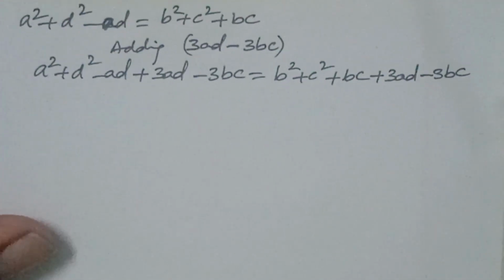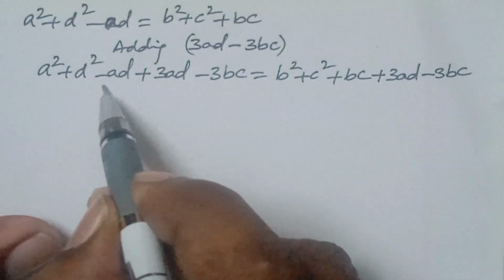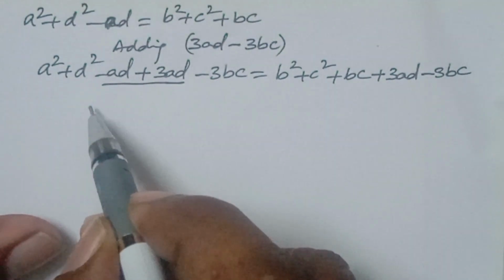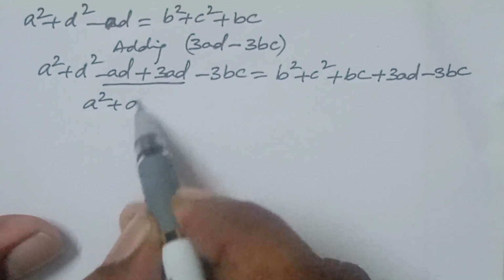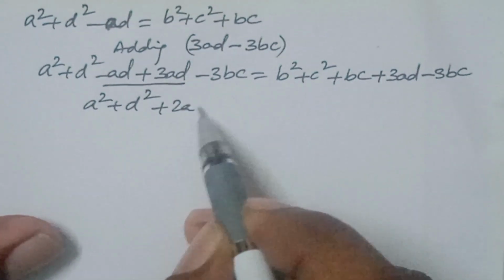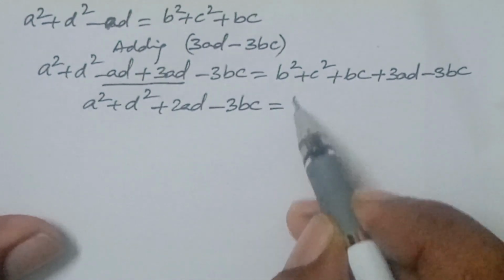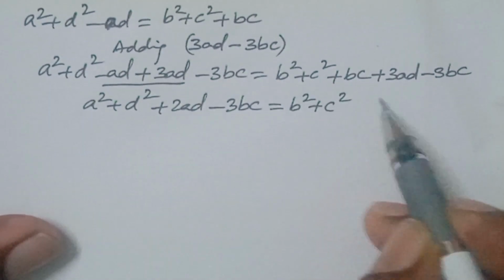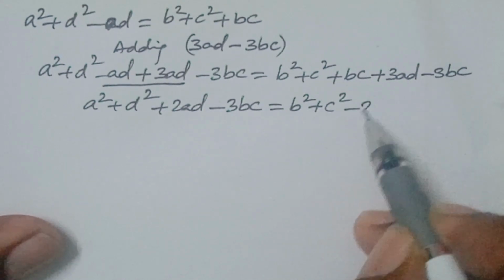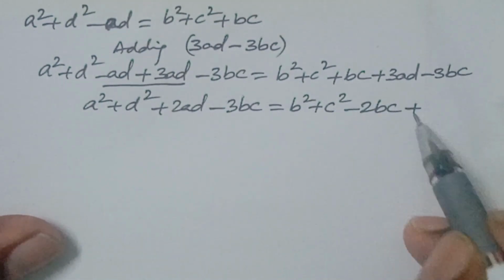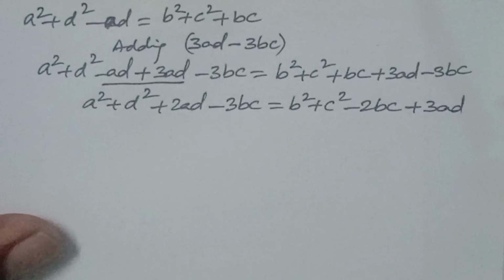So here again you will get the formula. So this one will be A square plus D square plus 2AD is equal to B square plus C square minus 2BC plus 3AD.